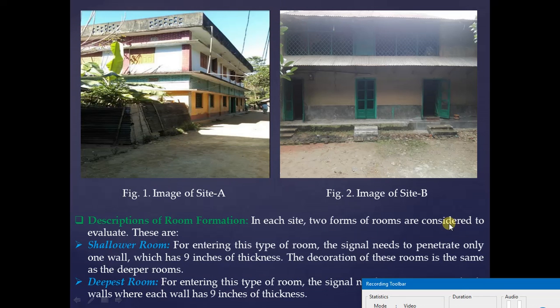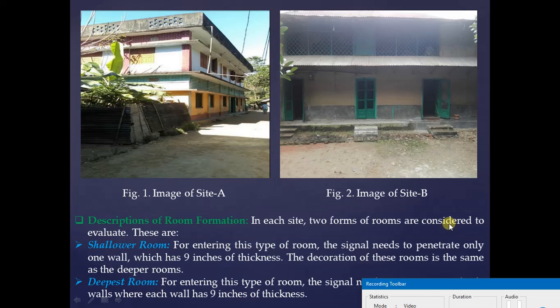We have seen in figure 1 the image of site A, and figure 2 the image of site B. Here I have discussed the description of room formation. We have two types of room, one shallower room and one deepest room.